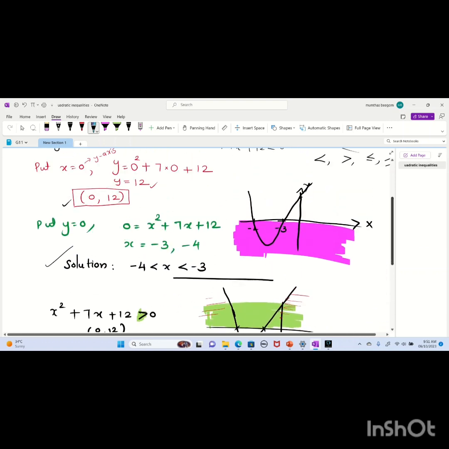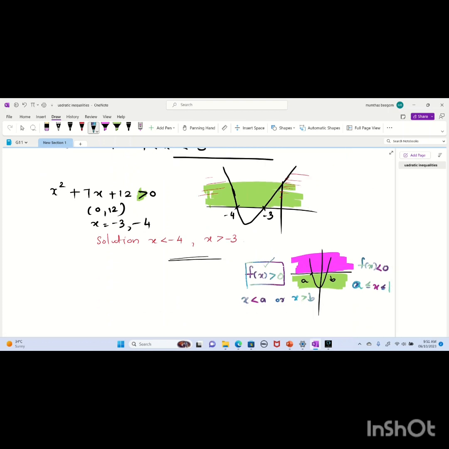Here A and B were minus 4 and minus 3. So because less than 0 was the region, we took minus 4 to minus 3. But here, if it is greater than 0, it is less than minus 4 and greater than minus 3, this way. Okay, so in general, you can remember it as x less than A or x greater than B, and A less than x less than B.